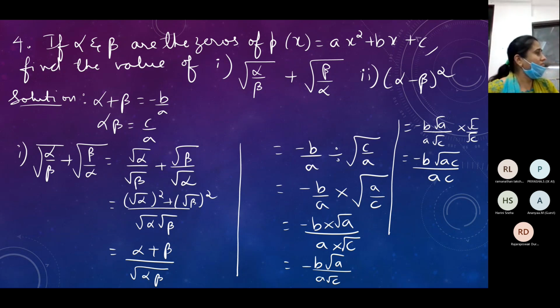B squared minus 4ac by a. Correct. B square minus 4ac by a square. Correct. You use the identity. Yes, minus 12. Alpha minus beta the whole square is minus 12 by beta into alpha square. Very good. Use the same identity. Okay, let's see why you didn't get it.